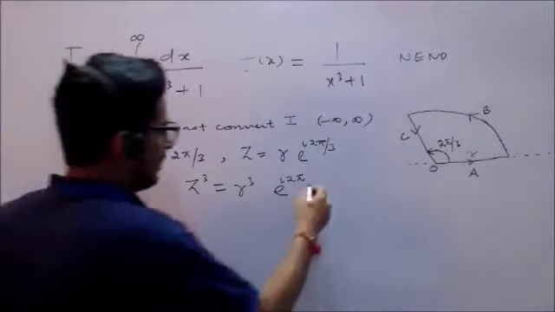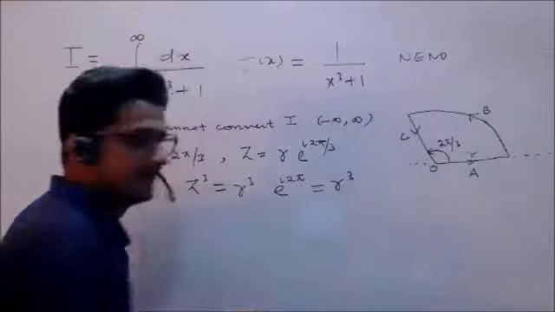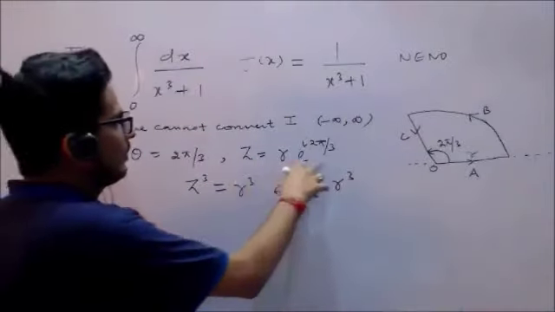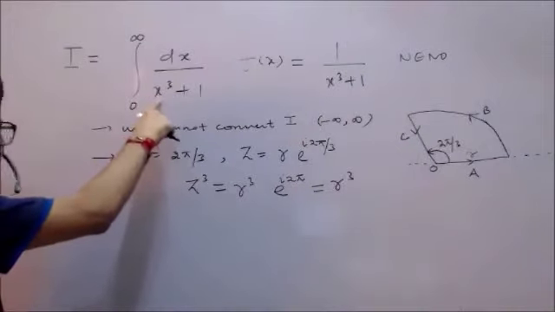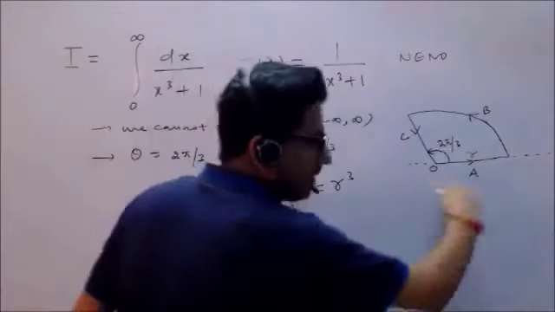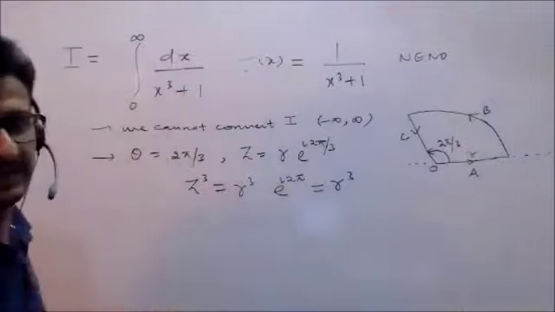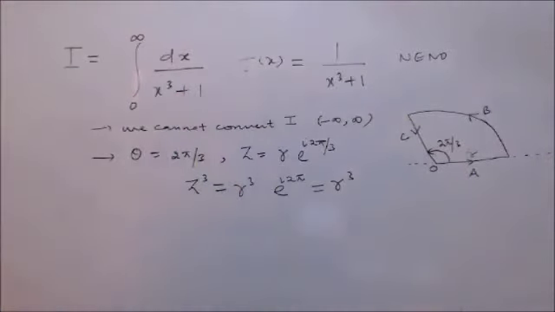Which is equal to r cube. The whole idea is this: if I consider z equal to r e to the power i theta and substitute, z cube will become r cube, and r will be on the real axis, so it will give some integral. That is the idea. Is that clear?